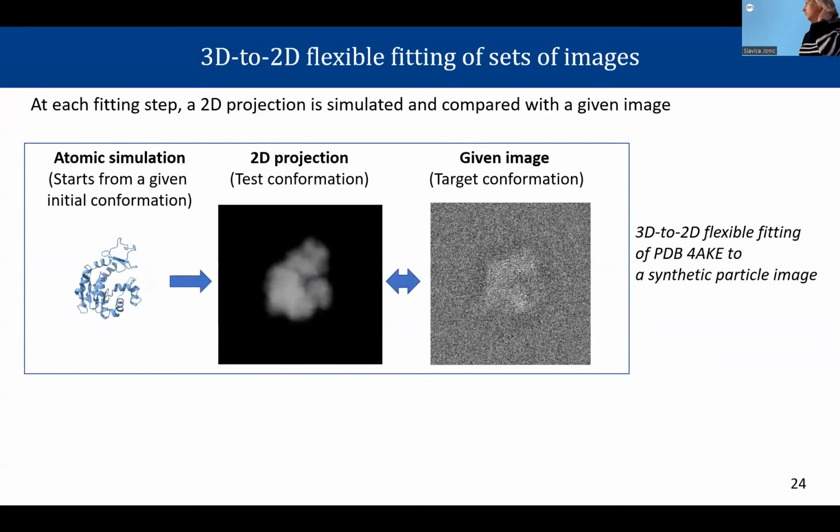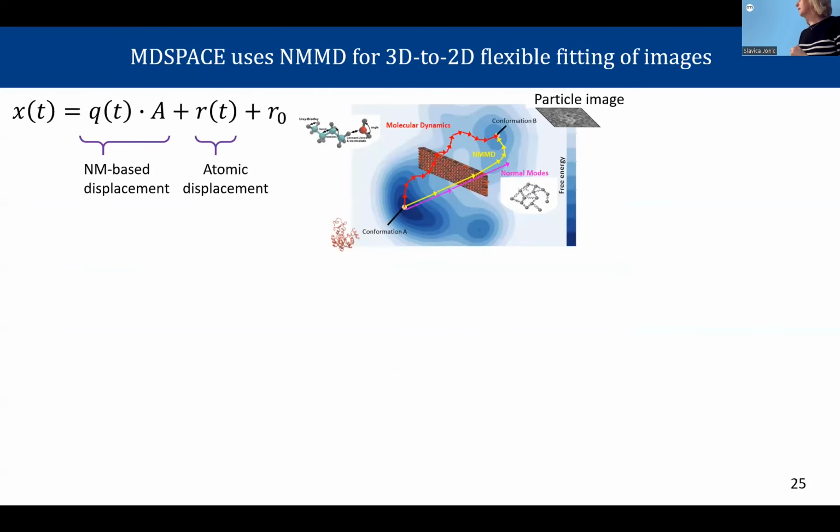Here you see the NMMD fitting of this image, and you see how the projection is approaching the conformation that is in the given image. This is simulation, those are simulated data. In reality, it is maybe less easy to visualize.